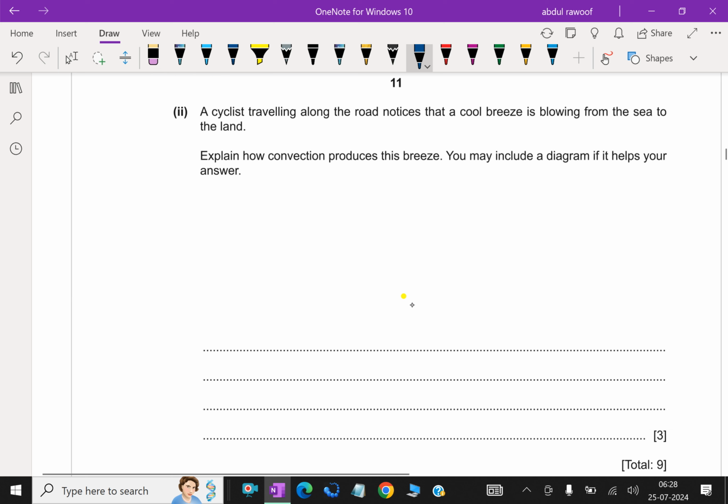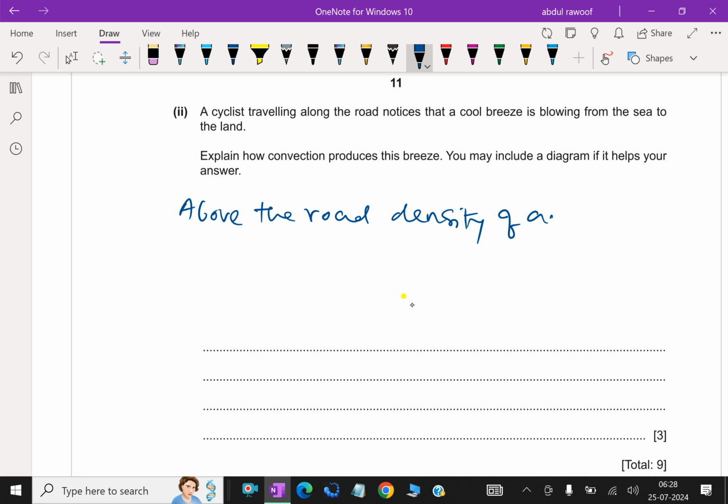Above the road, the density of air is reduced. Density of air is lesser than above the sea.